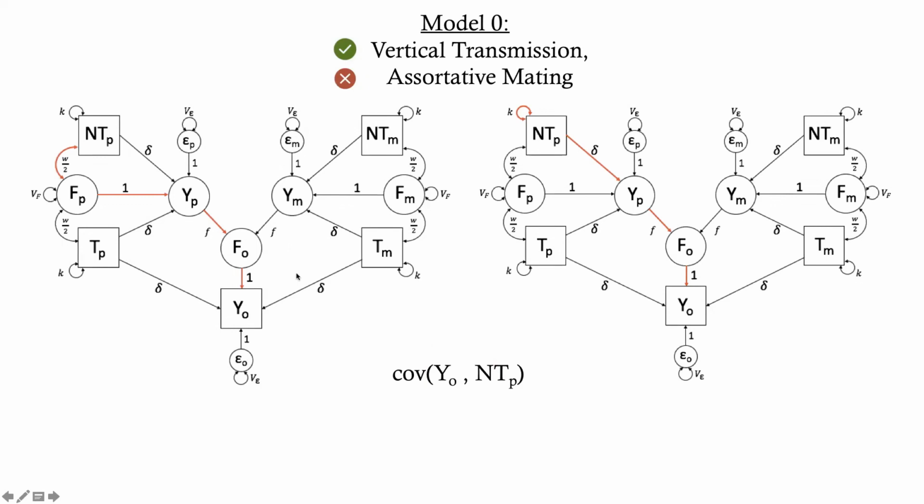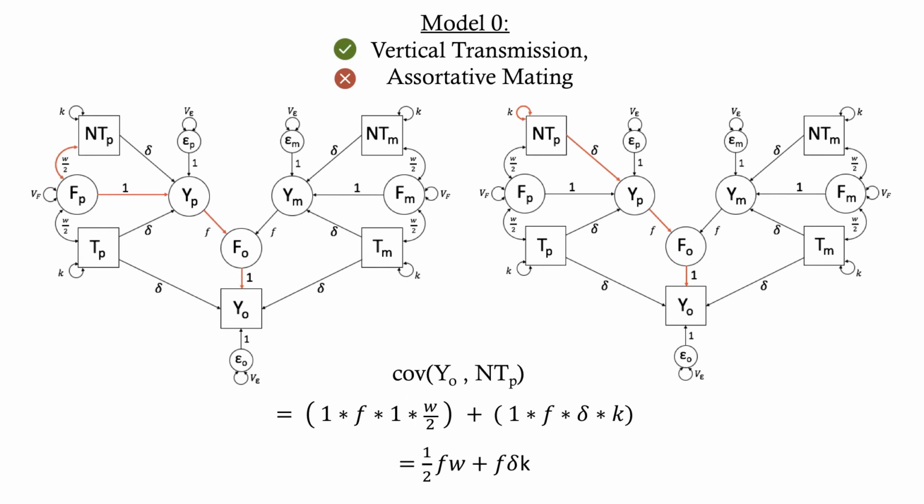So for this path on the left, we get 1 times F times 1 times half W. And for this path on the right, we get 1 times F times delta times K. So if we add those two products together, that leaves us with half FW plus F delta K, which is the algebraic expectation for this covariance here between YO and NTP. So all in all, it's pretty straightforward and not super mathematically involved. It's really just basic multiplication and addition, which is great.